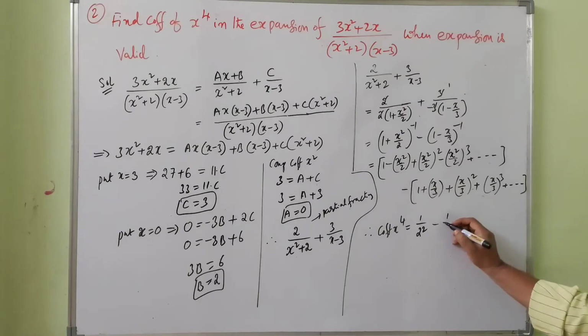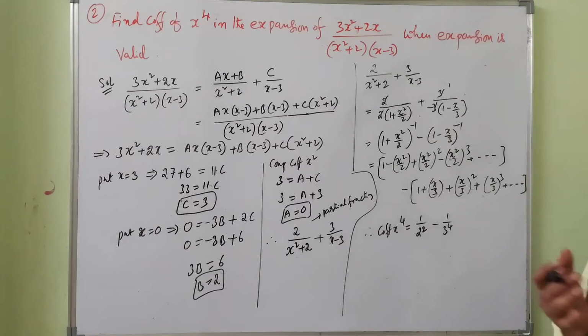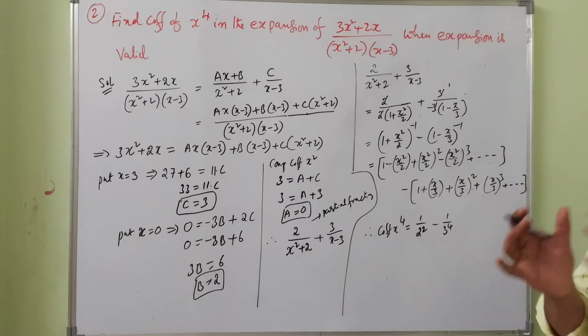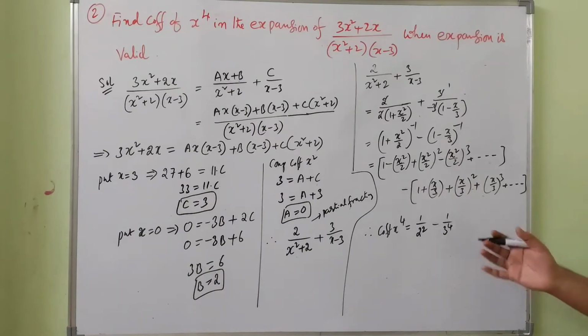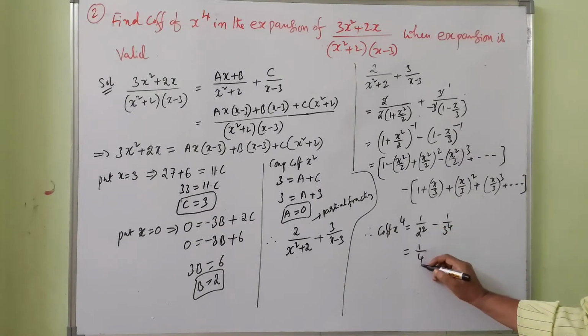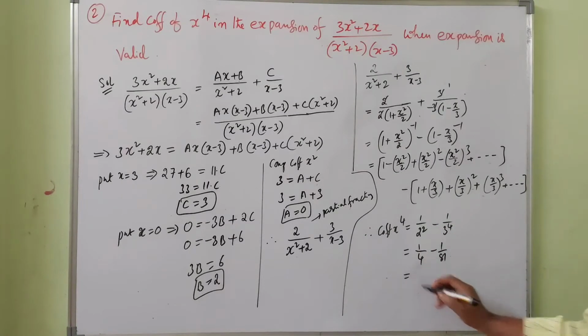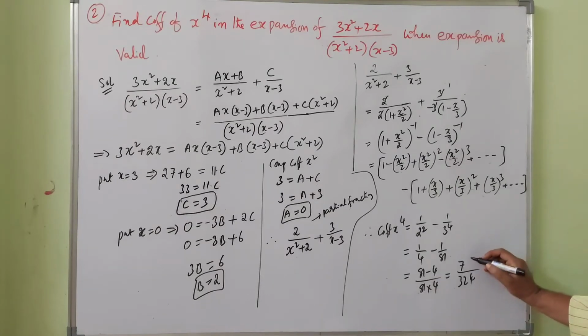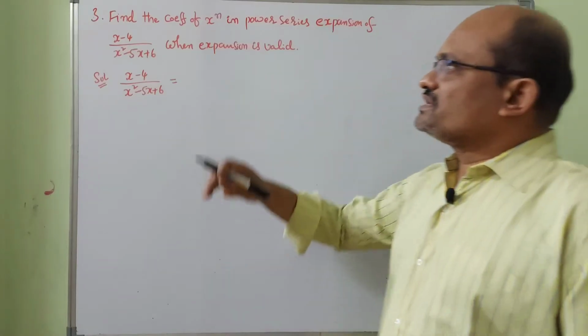So x power 4 coefficient is 1 by 3 power 4. Coefficient of x power 4 means in the term having x power 4, write the remaining constants. They are called coefficients. Now this is 1 by 4, 1 by 81. So answer is 81 minus 4 by 81 into 4. Okay, the answer is 77 by 324.